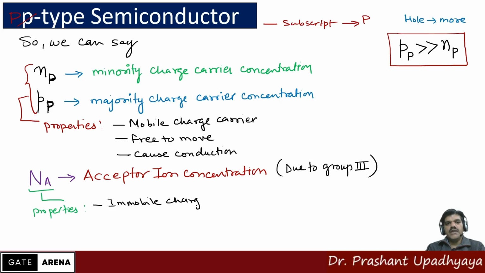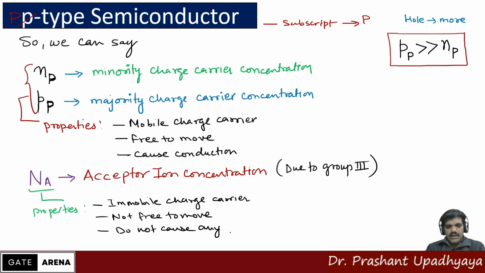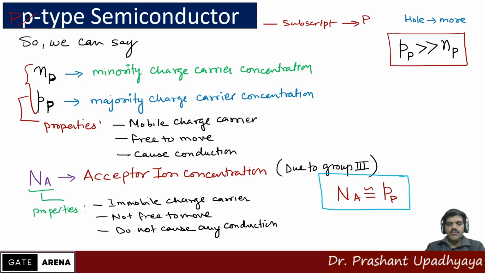When we refer to immobile charge carriers, that means they are not free to move, so they do not cause any conduction. And we can say that N_A is roughly equal to p_P. This is the important property.